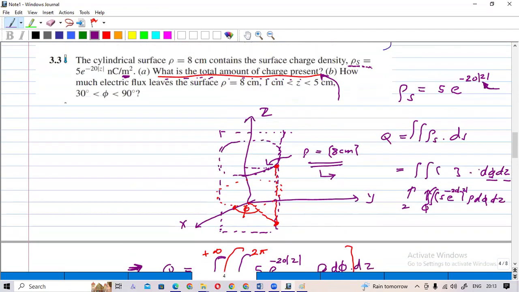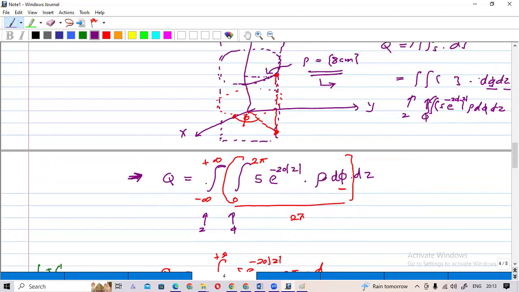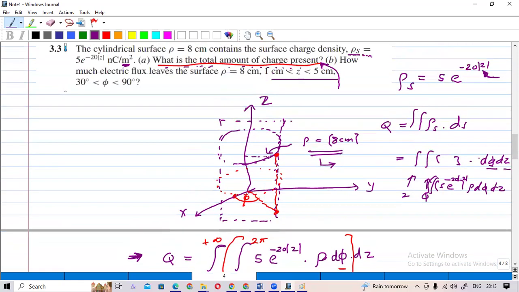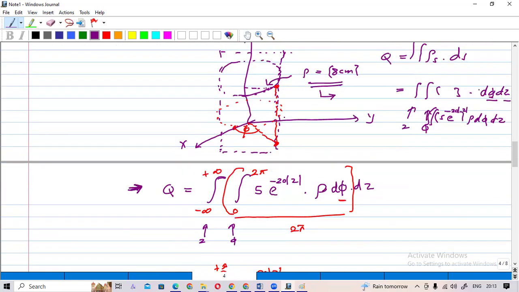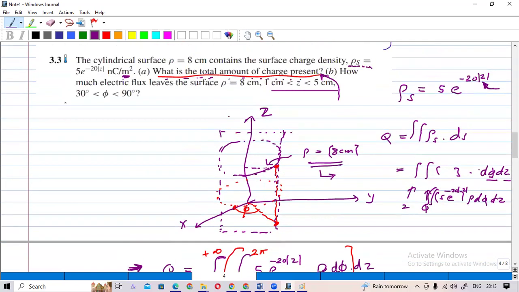Okay, so I think there is another part: how much electric flux leaves the surface. Now there is a limit for the Z axis. So the same integration you can calculate with the limit for the Z axis, that is, from 1 to 5. You need to do the conversion.